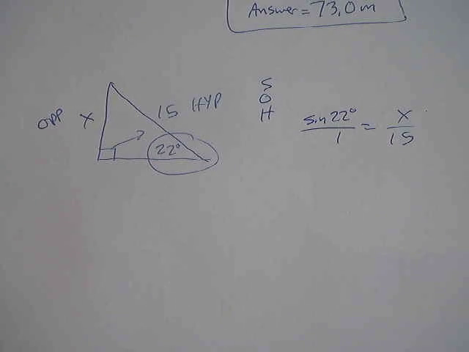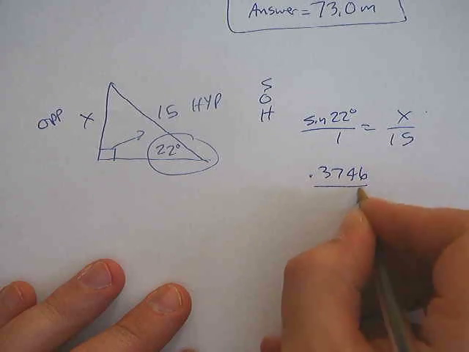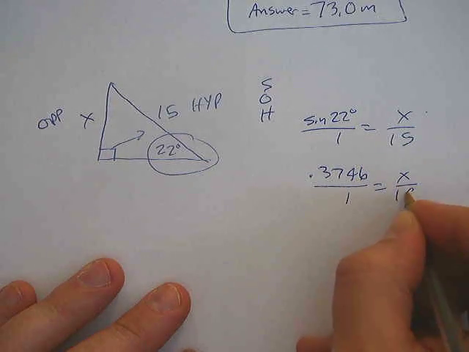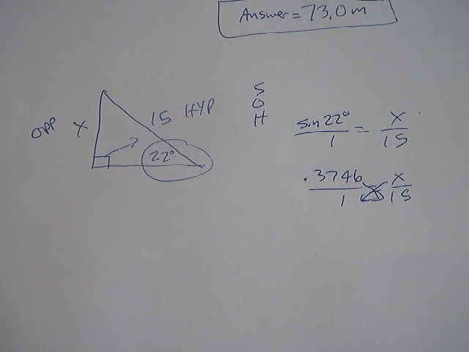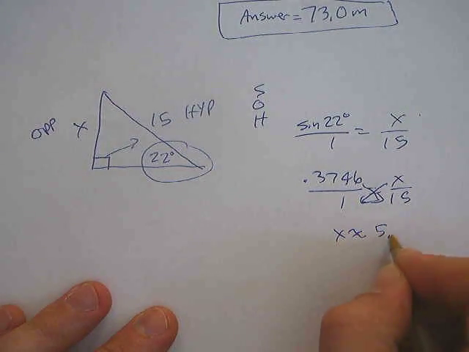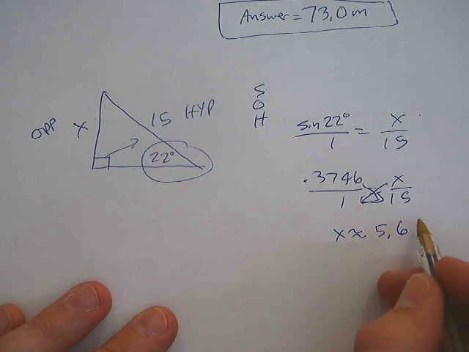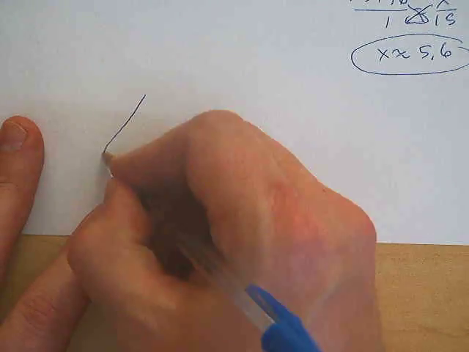Figure out what the sine of 22 is. That's going to be 0.3746 over 1 equals x over 15. Cross multiply. And I get x is about 5.6. So that would be my answer for that type of problem.